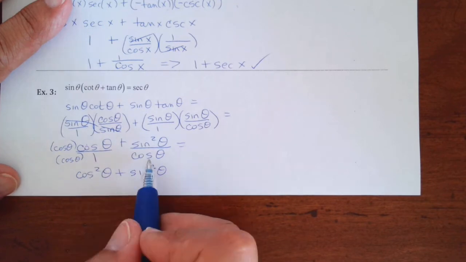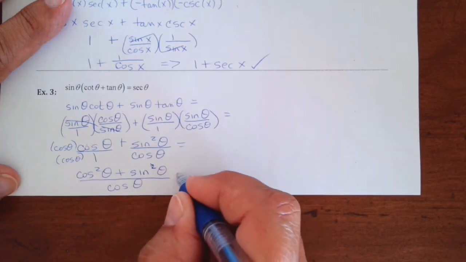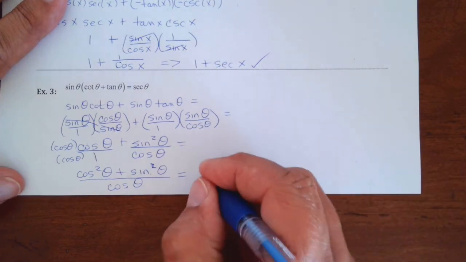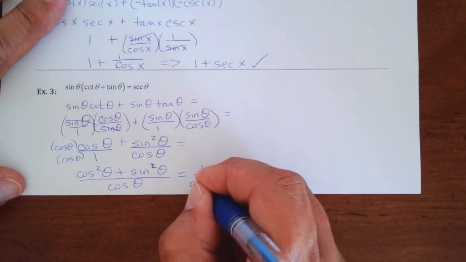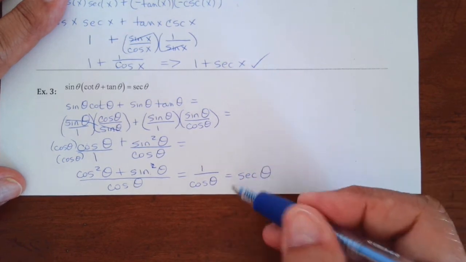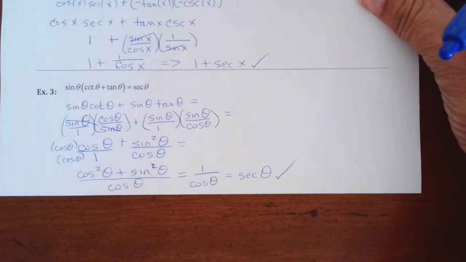This is cosine and this is cosine. So that's all over the cosine of theta. Now I have cosine squared plus sine squared, which is the first Pythagorean identity, which equals 1. So 1 over the cosine theta, which happens to be the secant of theta. That's the reciprocal, and that's what I was trying to prove. So that's that proof. Okay?